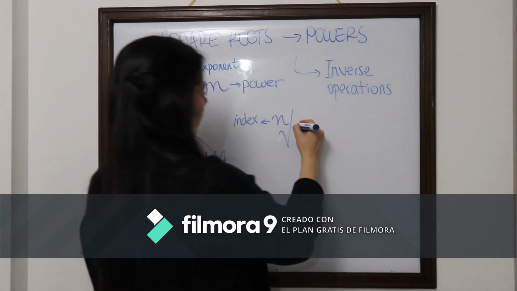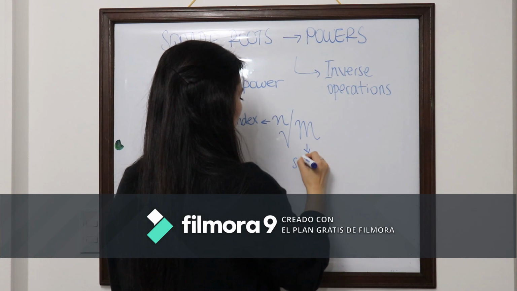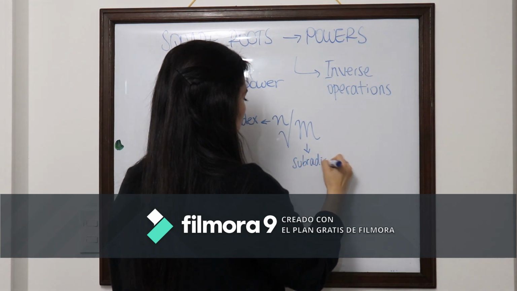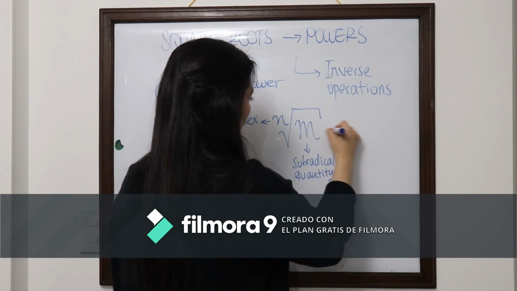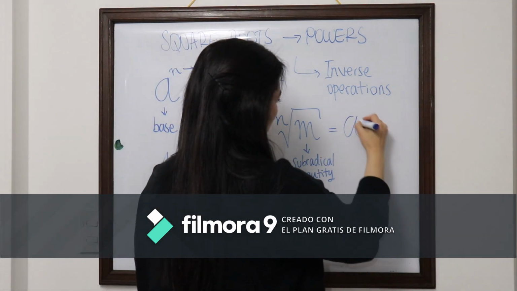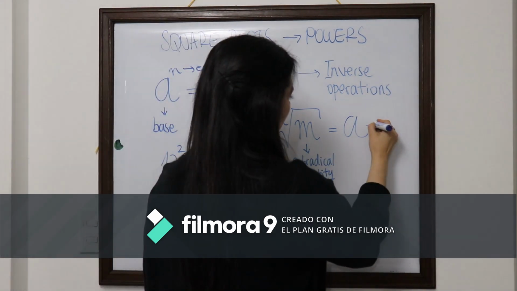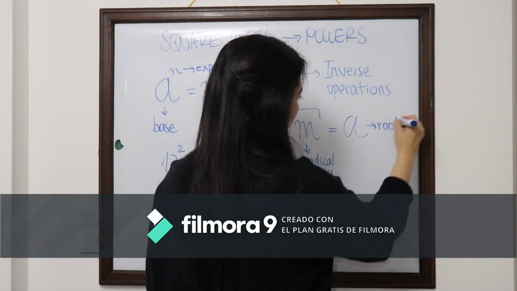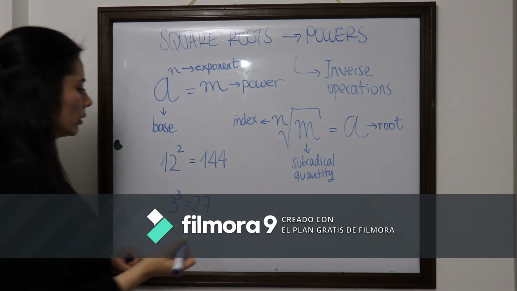Then the power is going to be inside, and we're going to call it the subradical quantity. And whatever the answer to that is, it's going to be A, which before we called the base. Here it is going to be called the root.